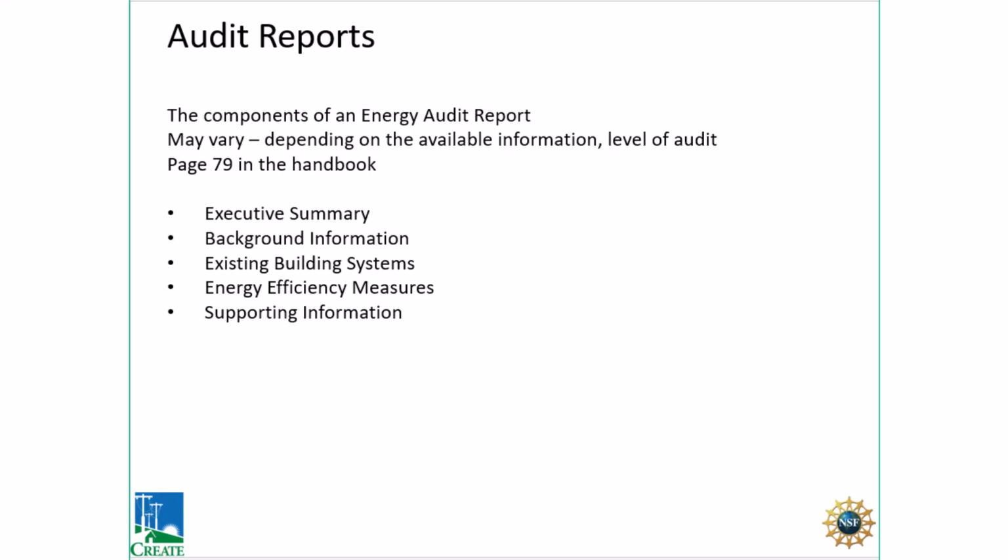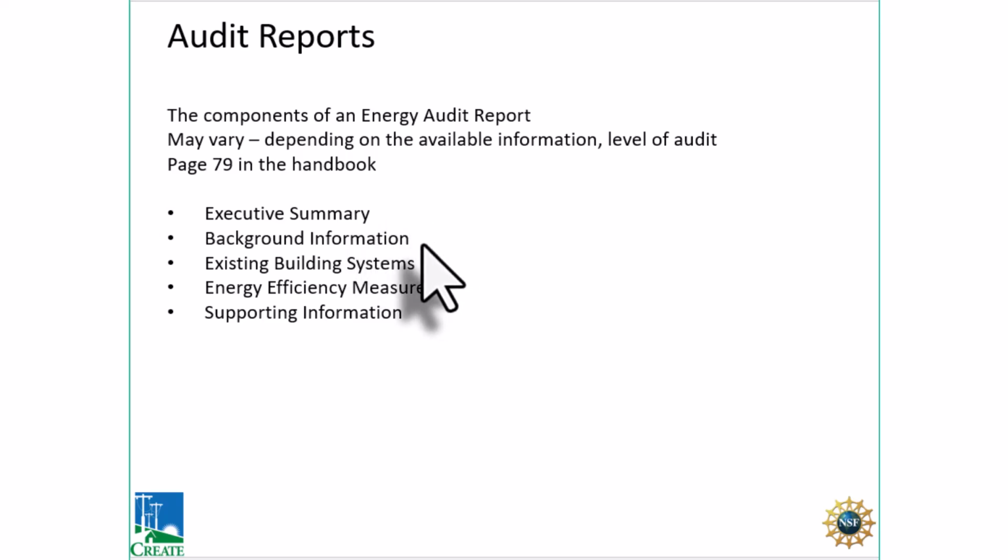So here are the bullet points, or condensed version, of the outline of the audit report. You're going to have the executive summary that sums up all your basic information up front so that someone could open up the initial few pages and get, okay, this is the summary of what's inside of this report.